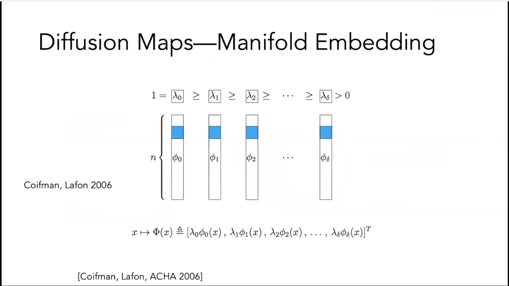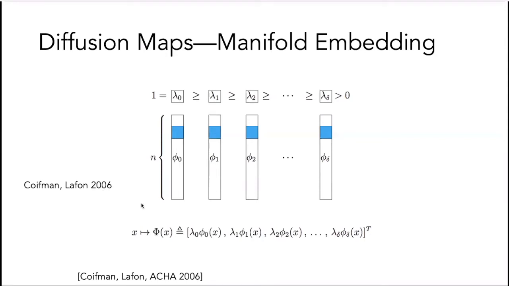The idea of the diffusion operator actually came almost 20 years ago now from my colleague, Rafi Coifman at Yale. Back then, they specifically used it as an intermediary computation to getting a diffusion map. So a diffusion map is actually the eigendecomposition of the diffusion operator.